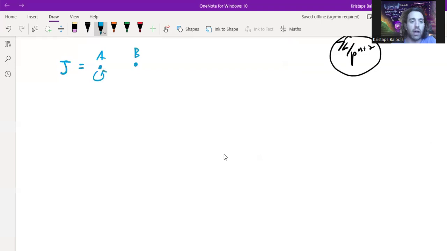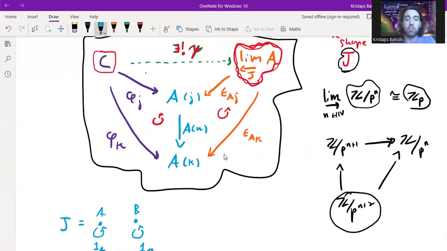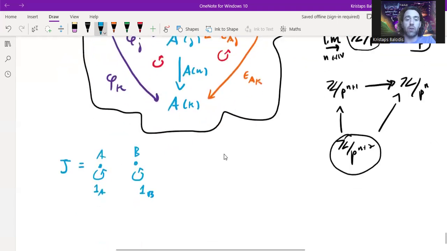The axioms of a category demand that I need to have identity morphisms, but that's it. So this entirely specifies my category. And what would it mean? If we think about this diagram up above, what would it mean for this thing to have a limit?